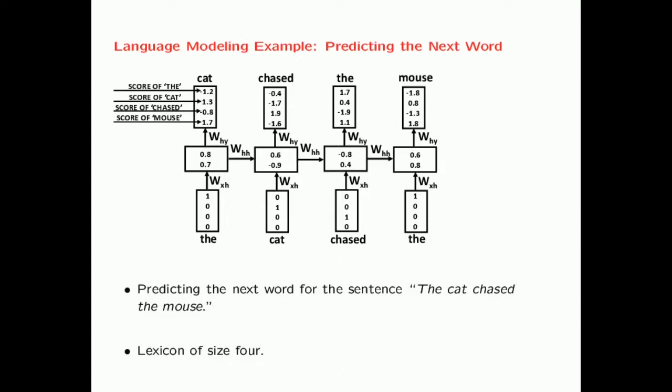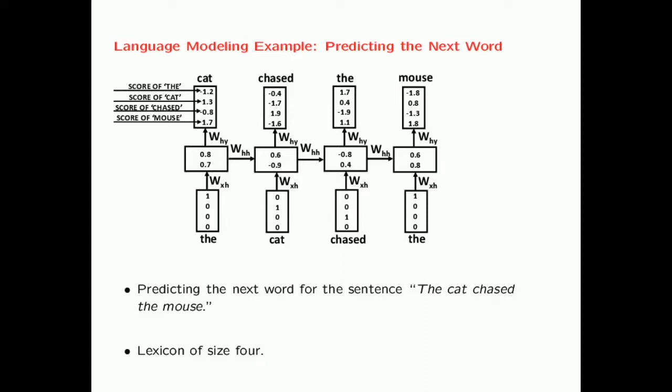Suppose you multiply WXH with X1. If X1 is a vector of length 4, your matrix WXH would have to be a matrix of size 2 cross 4 in order to produce a hidden state of length 2. And then you similarly multiply the hidden state with WHY to produce the vector of probabilities. So it gives you a score for each word in the lexicon.